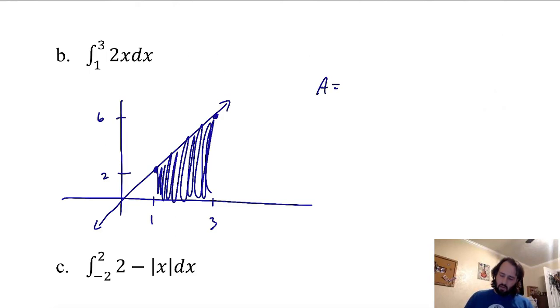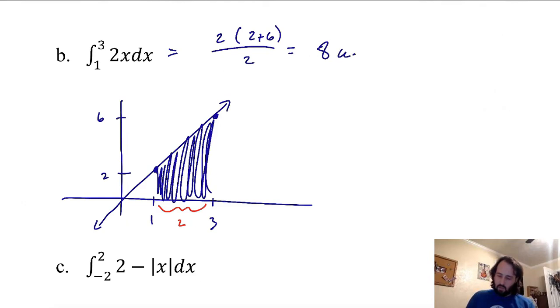So this would be height times base 1 plus base 2, divided by 2. My height is 2 units, because this is 2 units right there, times base 1 plus base 2, so 2 plus 6, divided by 2, which would be 8 units squared.